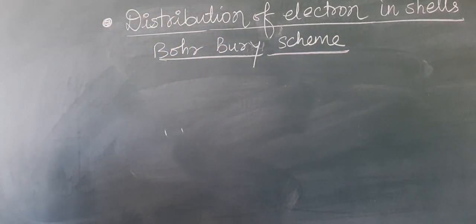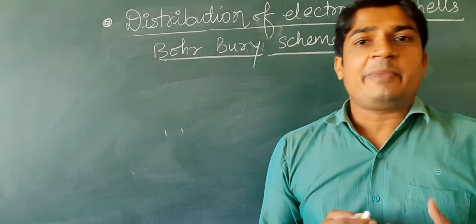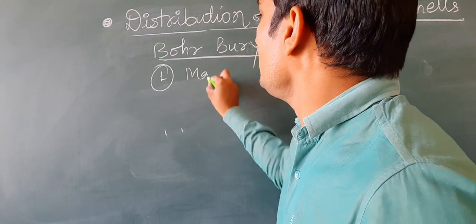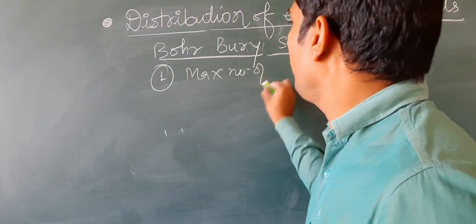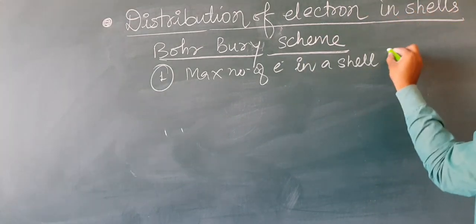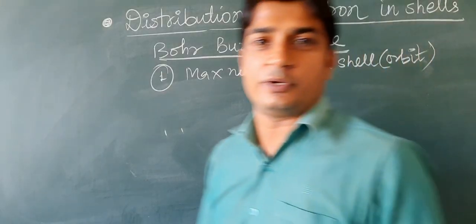Okay, according to this scheme, the first point of the scheme was maximum number of electrons in a cell or orbit. एक orbit में maximum number of electrons कितने होंगे?